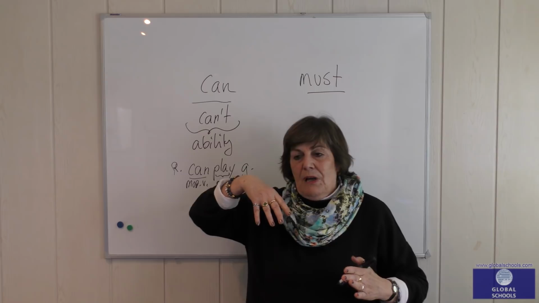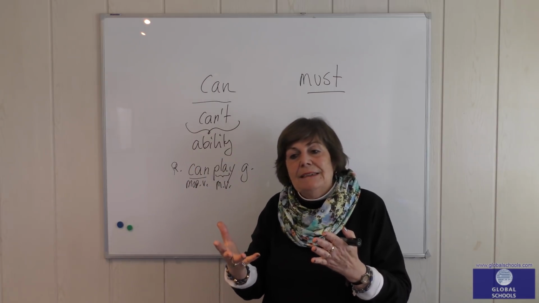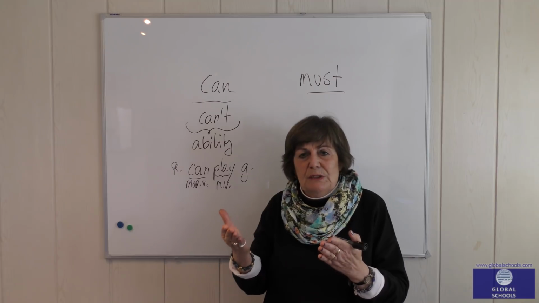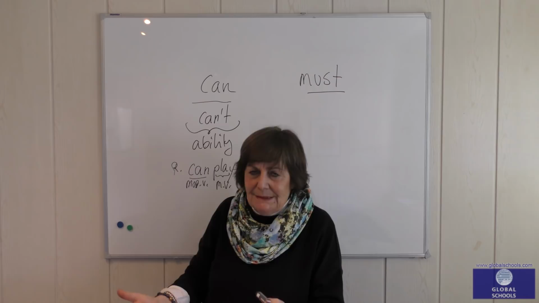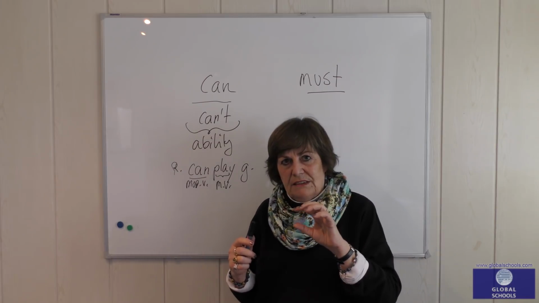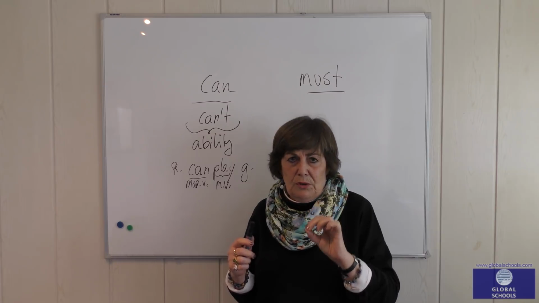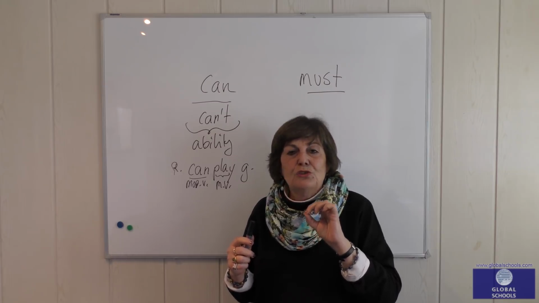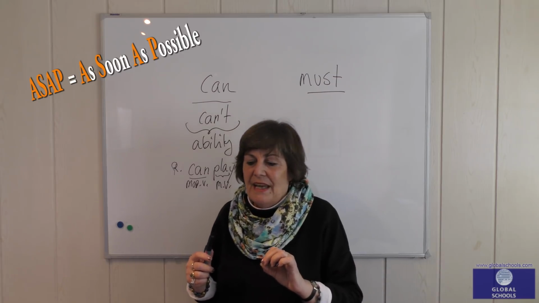You see, I'm putting my whole importance in my sentence, not saying you should see the doctor. I'm so worried. You must see the doctor. When I use the modal verb must, it is of utmost importance, and you should do it ASAP, as soon as possible.